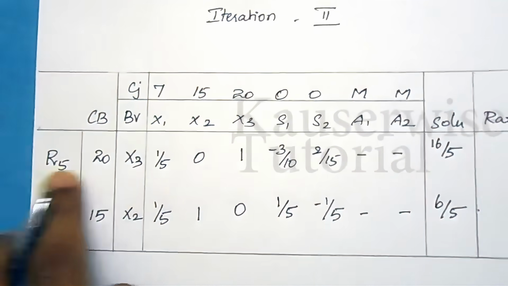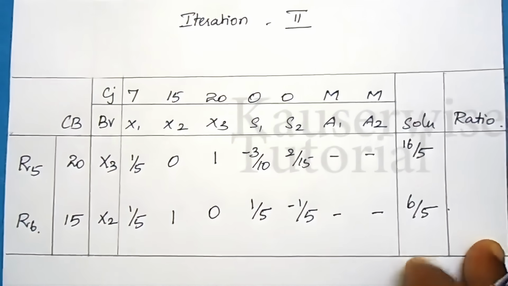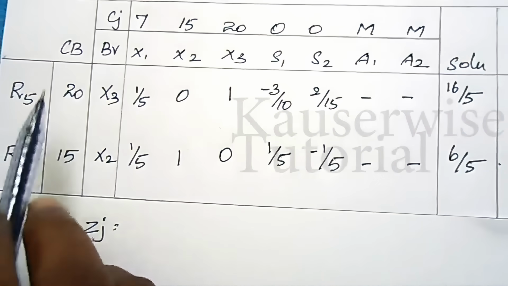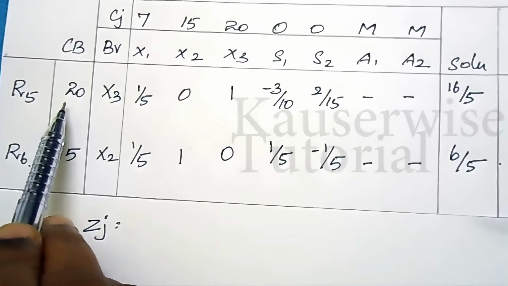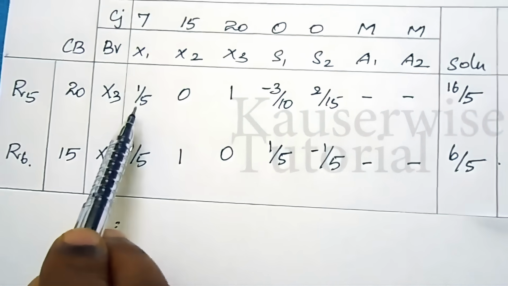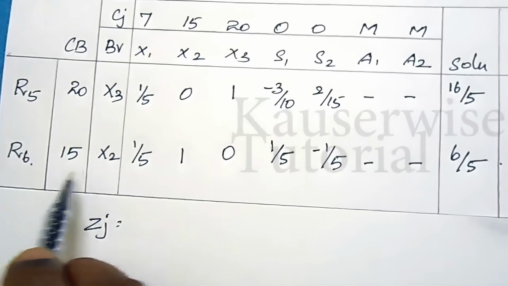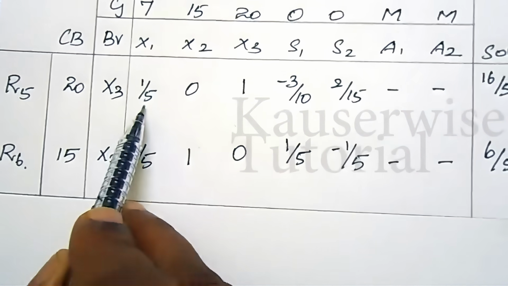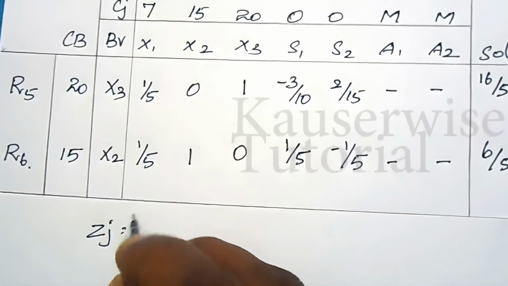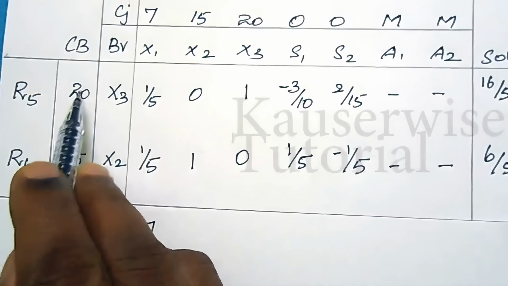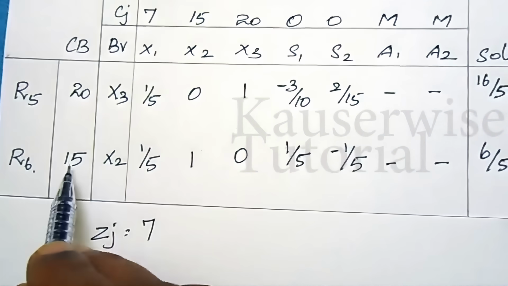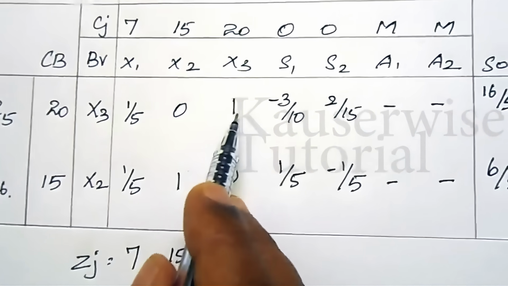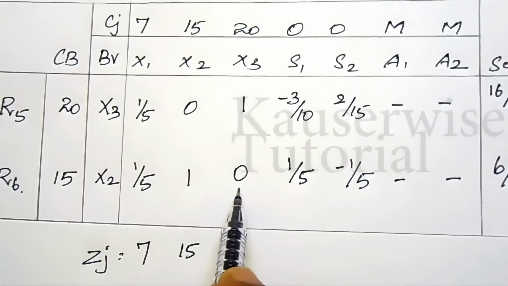Now we have got row 5 values and row 6 values. Now we need to find Zj. To find Zj, multiply the coefficient of the basic variable into each element, plus the coefficient of the next row variable into each element. So 20 into 1 by 5 plus 15 into 1 by 5. Answer is 7. Next, 20 into 0, 0 plus 15 into 1, 15. 20 into 1, 20 plus 15 into 0, 0.